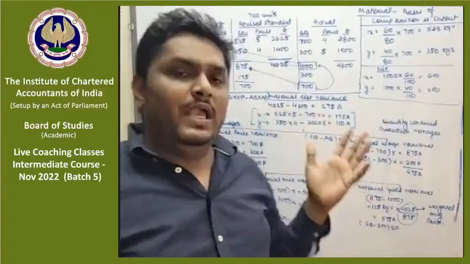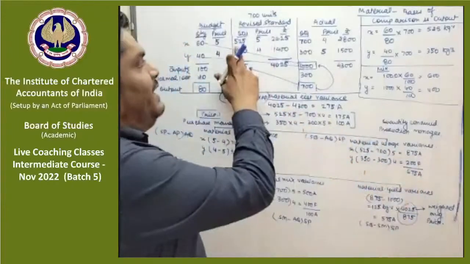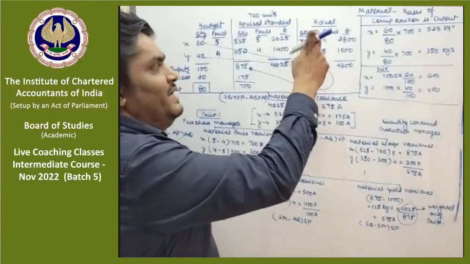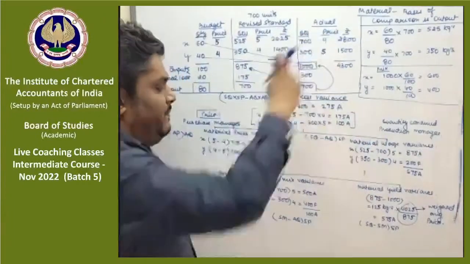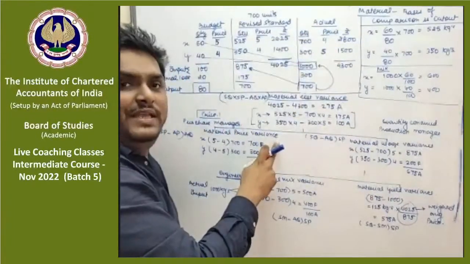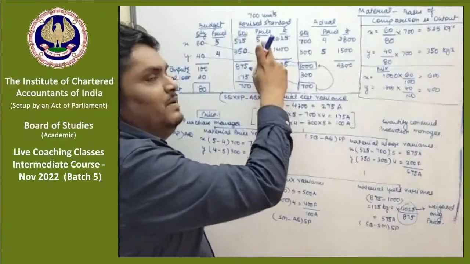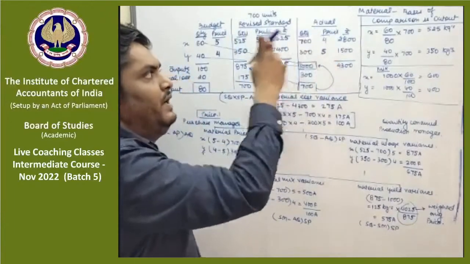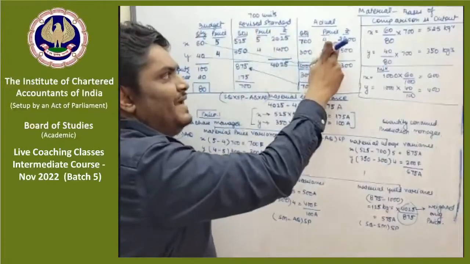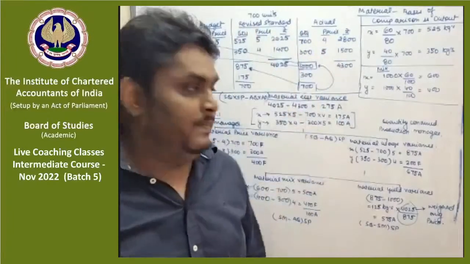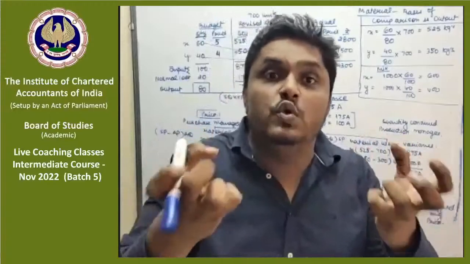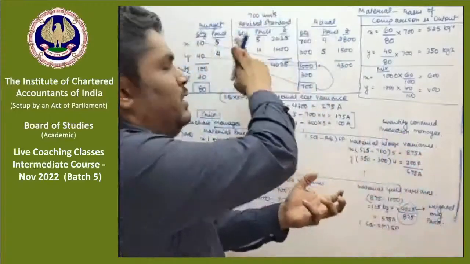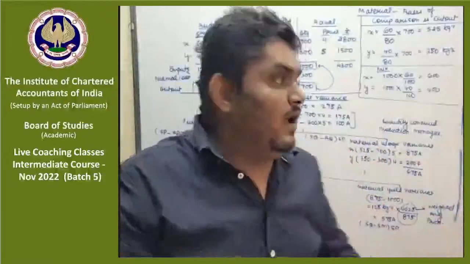So when talking about cost variance, standard quantity into standard price minus actual quantity into actual price. When talking about price variance, we should have purchased at the standard price, we purchased at the actual price, into actual quantity. So standard price minus actual price into actual quantity. Usage variance: how much should we have used? Standard quantity. How much did we use?